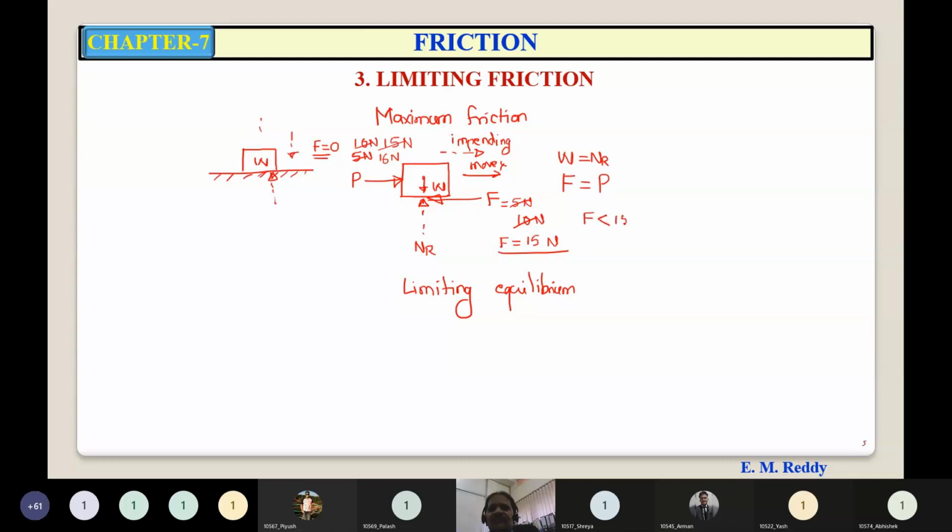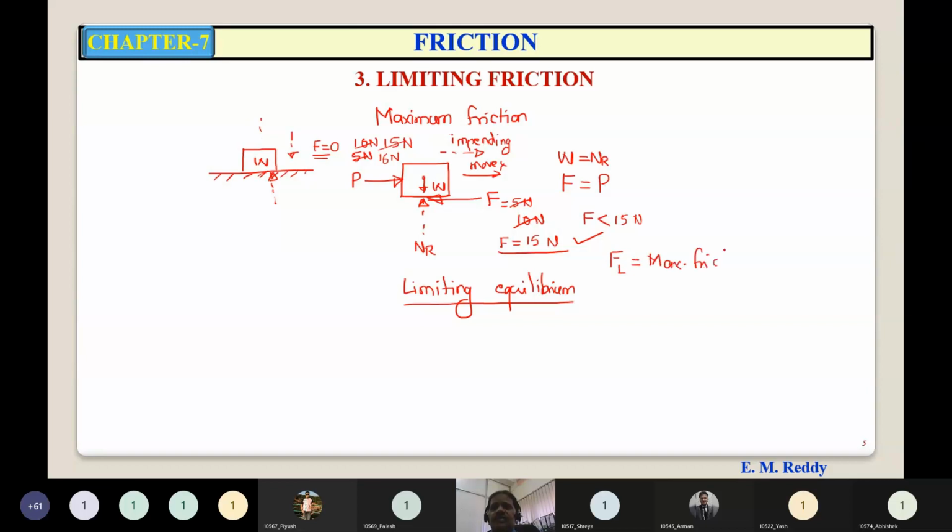It is less than 15 Newton because 15 Newton is the static friction when the body is at rest. When the body moves, we know that the kinetic friction decreases because there is no proper interlocking between the surface irregularities. So the maximum friction force which you are getting is 15 Newton in the condition of limiting equilibrium, when the body is in impending motion. So this maximum friction is known as limiting friction.